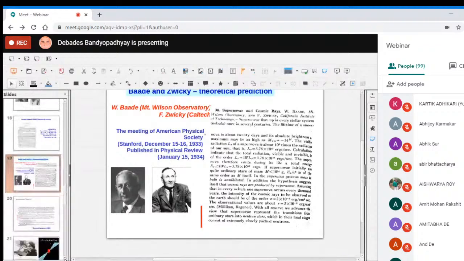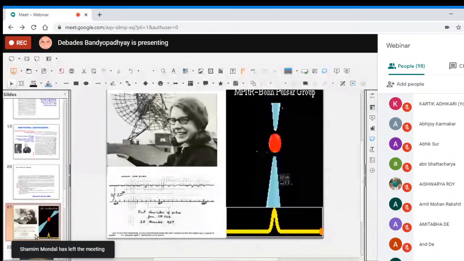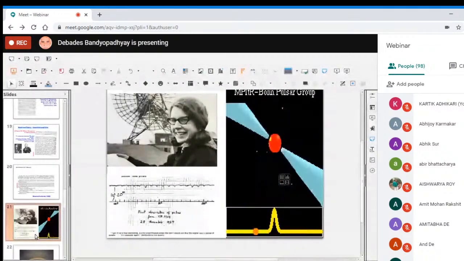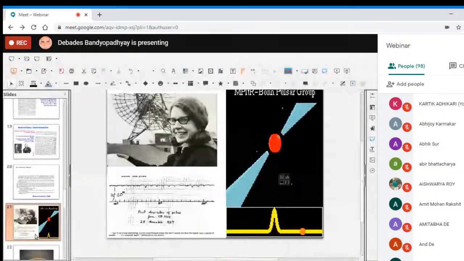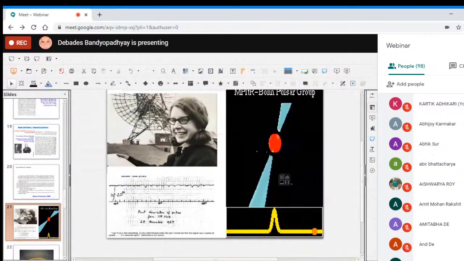So next is the discovery of the neutron star by a lady, Jocelyn Bell, in 1967. So here is Jocelyn Bell. What they discovered is a pulsar, and she is standing near this dish, which is a radio telescope.